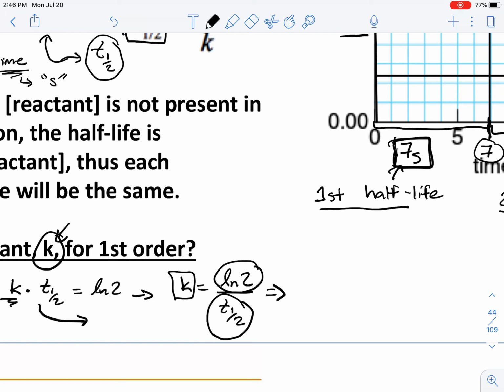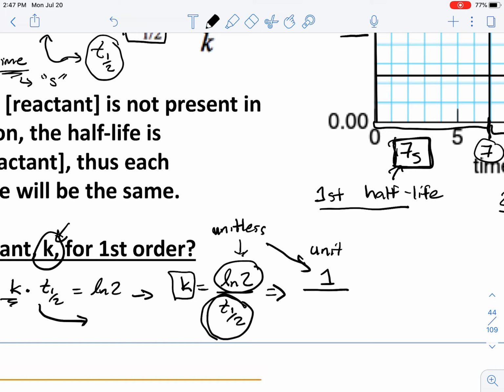Since natural log of 2 is unitless, that can be replaced by writing down 1. The natural log of 2 is not 1. What we're looking at here is the unit that they represent. So this is unitless, and therefore we can just represent a term that's unitless as just 1.